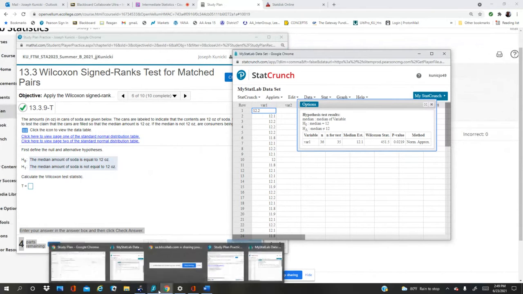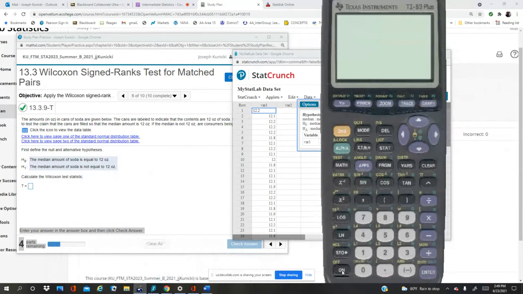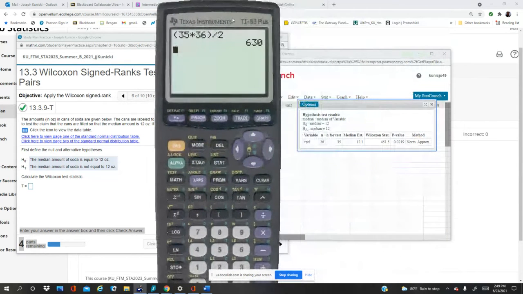You can find the total sum of all the ranks. If there's 35, then the sum is 35 choose 2, which is 35 times 36. It's n times n plus 1 divided by 2. So the total of the ranks is 630, and the Wilcoxon stat is the smaller of the two.